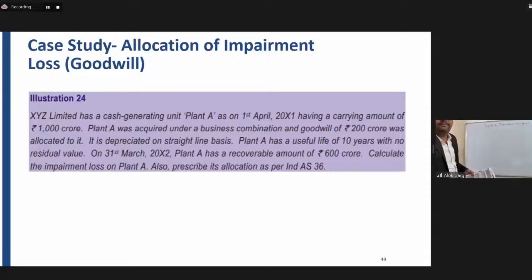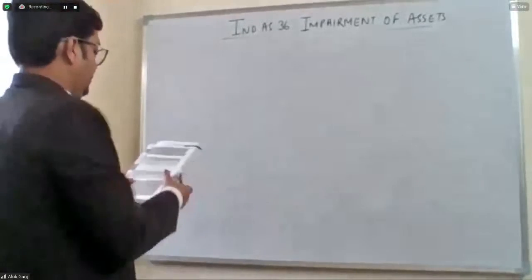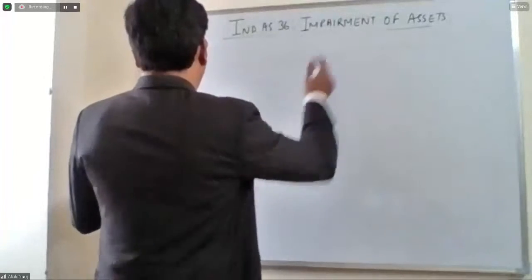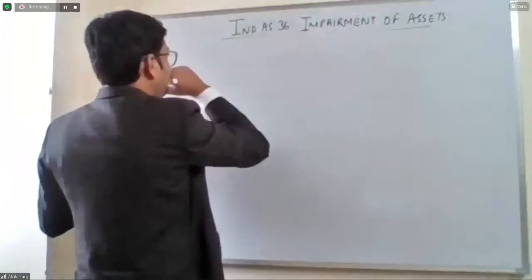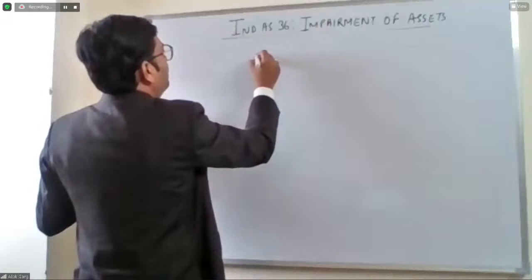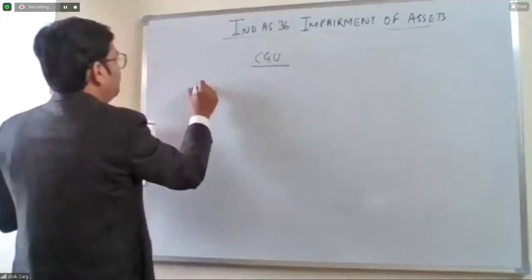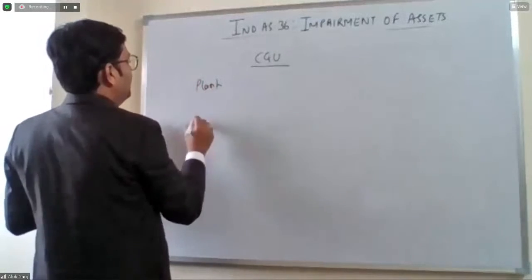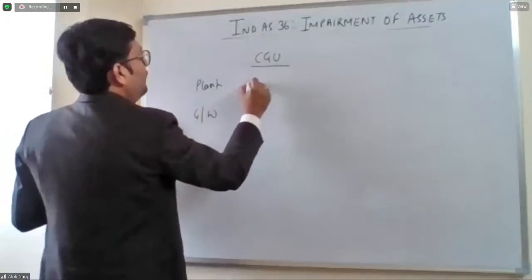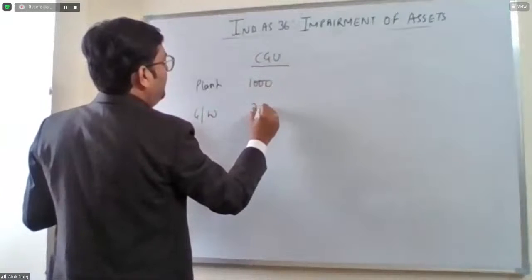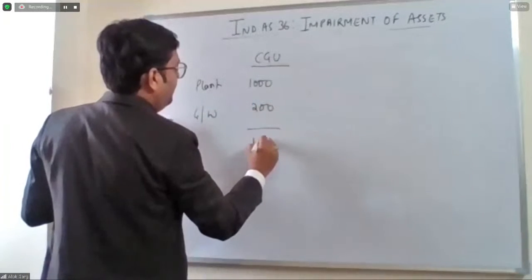So friends, in this case, what is the cost of the CGU? This is your CGU, the plant is the CGU, and it has two values. One is plant, one is goodwill. 1000 crores is the value of the plant, 200 crores is the value of the goodwill, 1200 is the total.